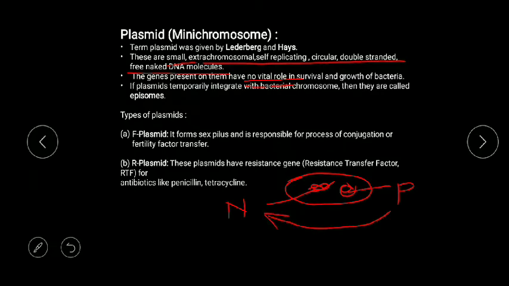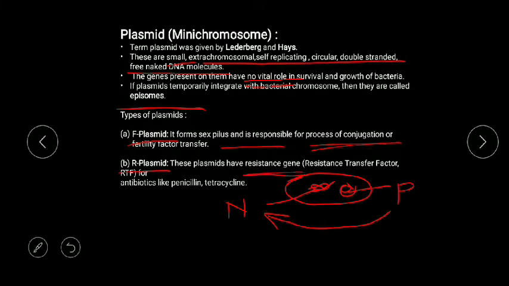But if a plasmid temporarily integrates with the nucleoid, then it is known as an episome. Now when we talk about types of plasmids in bacteria, there are the F plasmid and the R plasmid. The F plasmid forms a sex pilus, meaning if a bacterium has an F plasmid, it will form a pilus, also known as pili, which is responsible for the process of conjugation.